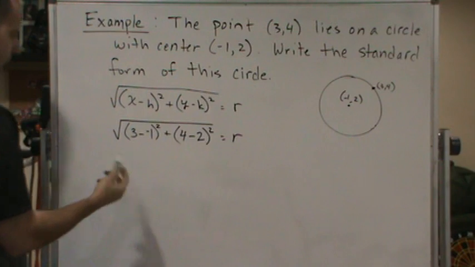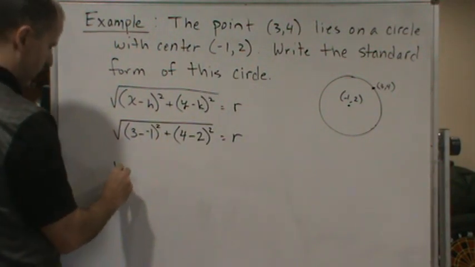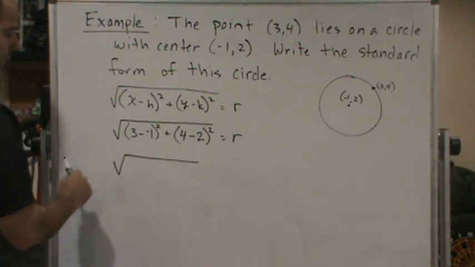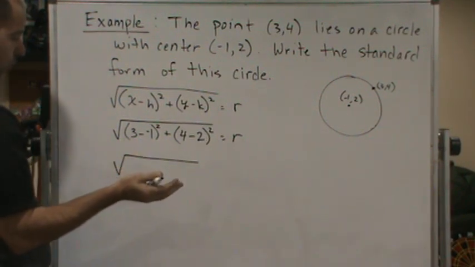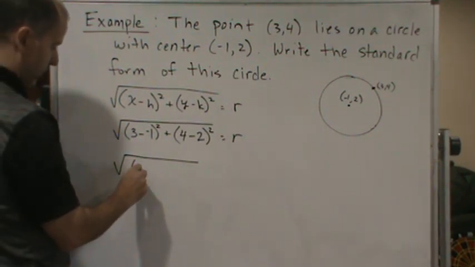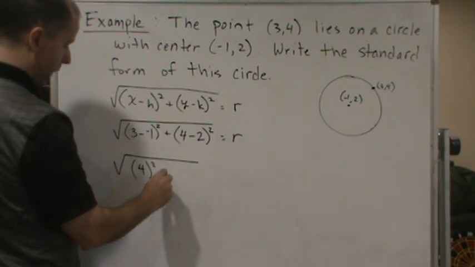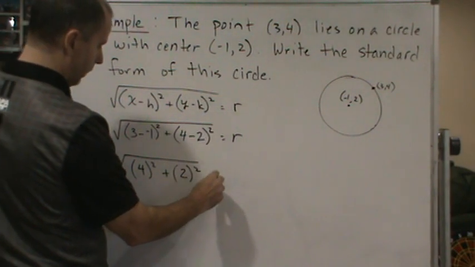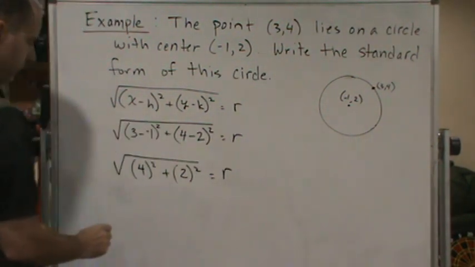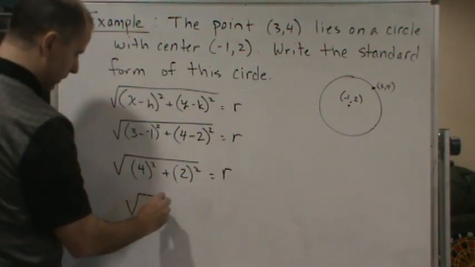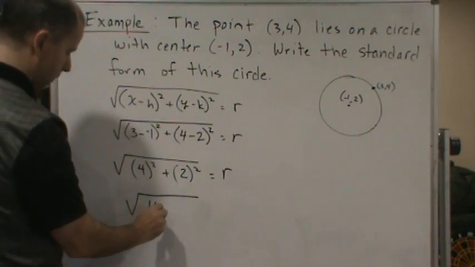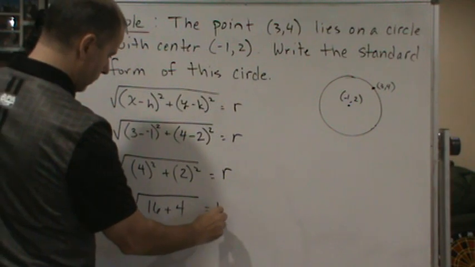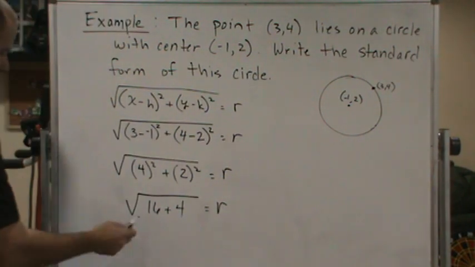And so at this point we're just going to simplify. 3 minus -1 is the same as 3 plus 1, which is 4. So this is going to be the square root of 4 squared plus 2 squared, and so we get the square root of 16 plus 4, which is the square root of 20.